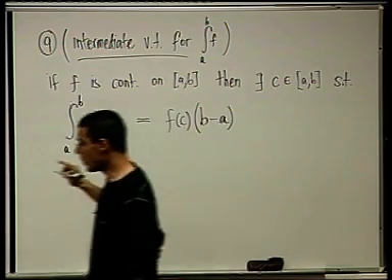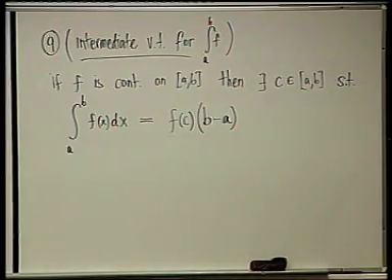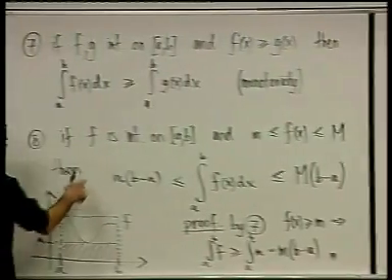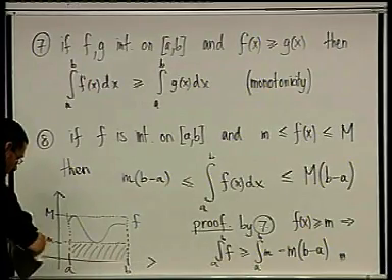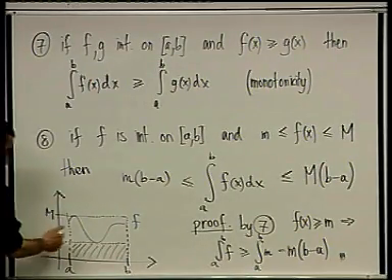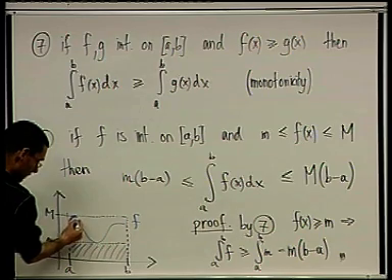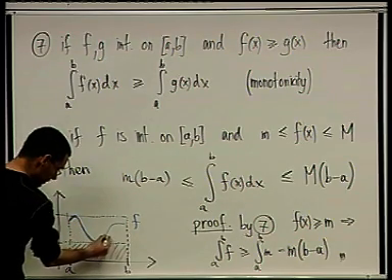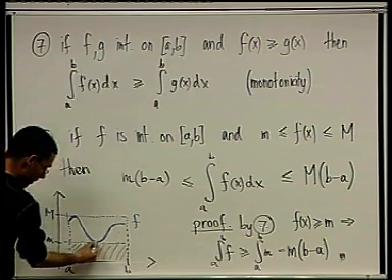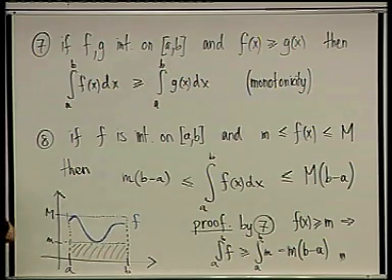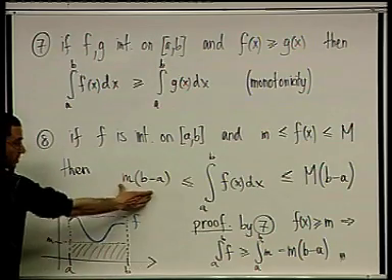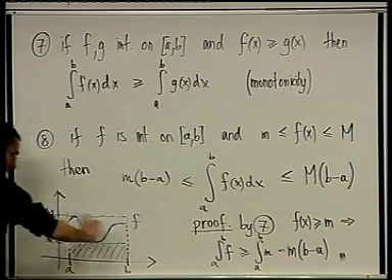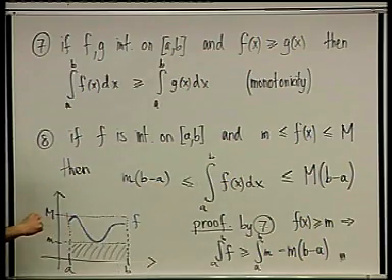So let's go back a second to the intuitive drawing corresponding to theorem 8. The statement here was that when you have your function and it's between little m and big M, then the integral, the area under the graph, is bigger than the area under little m, and smaller than the area under big M. That was the statement of 8.